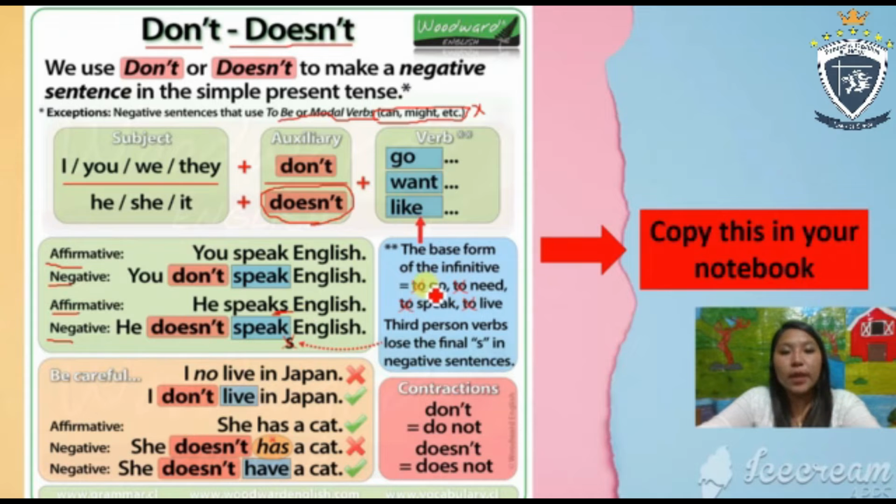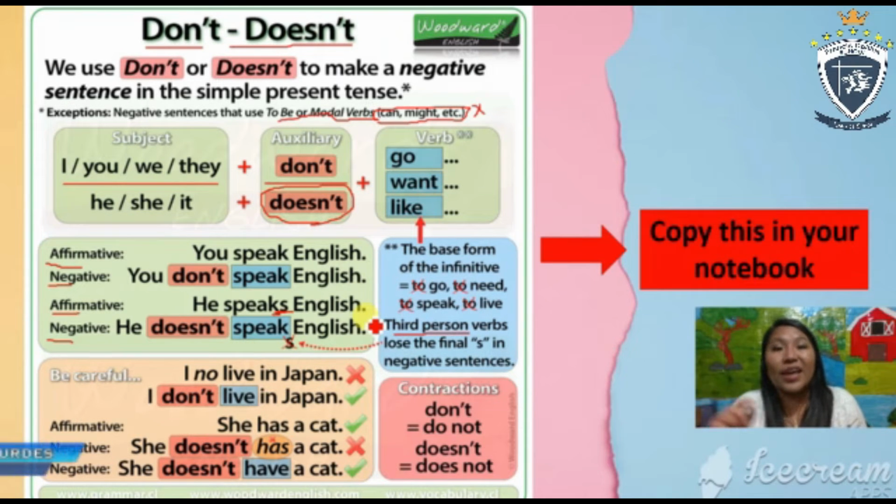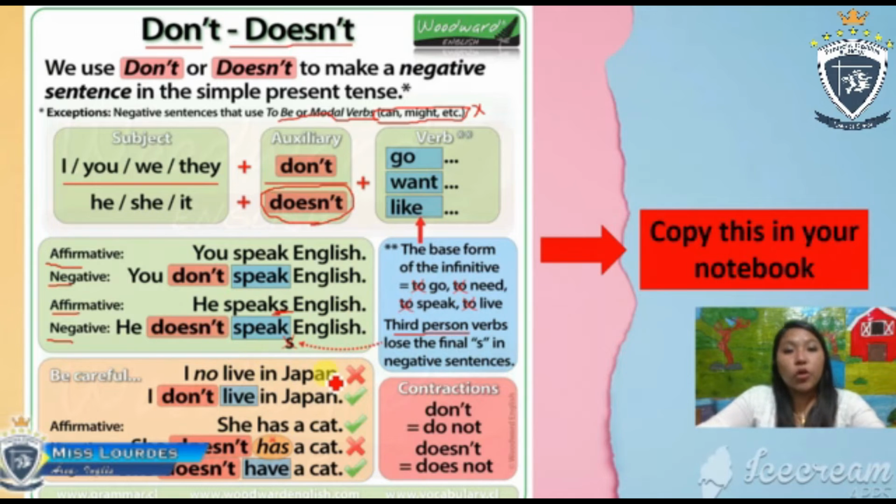It says, third person verbs lose the final S in the negative sentences. Like I told you, we don't use S, ES or IES. No usamos la S, ni la ES, ni la IES cuando hablamos de forma negativa. When we talk in the negative form. Now, be careful.